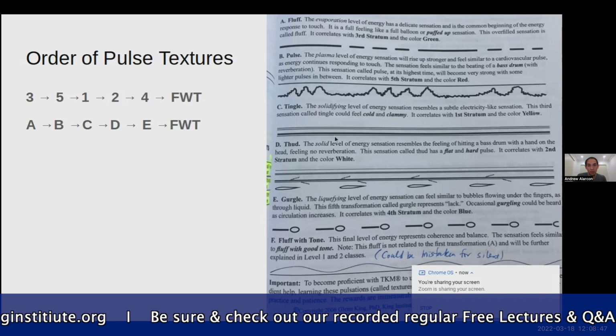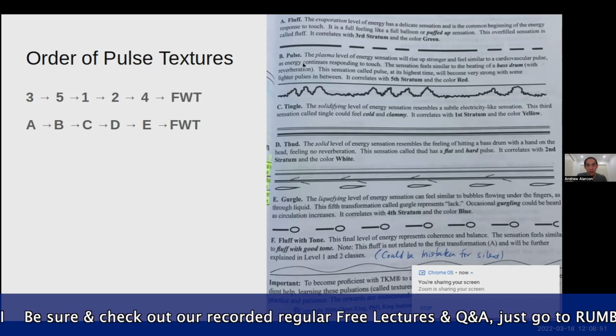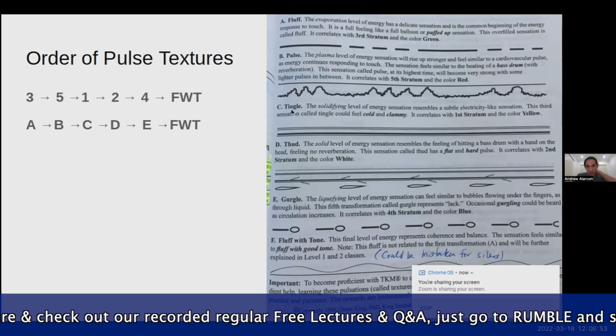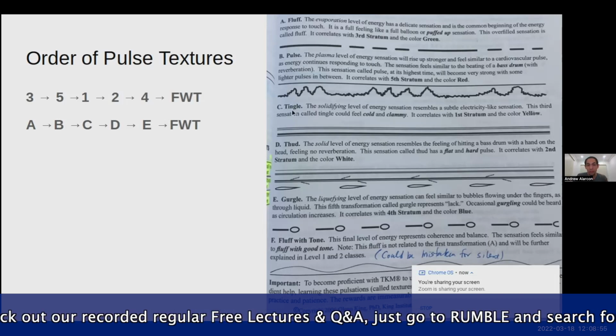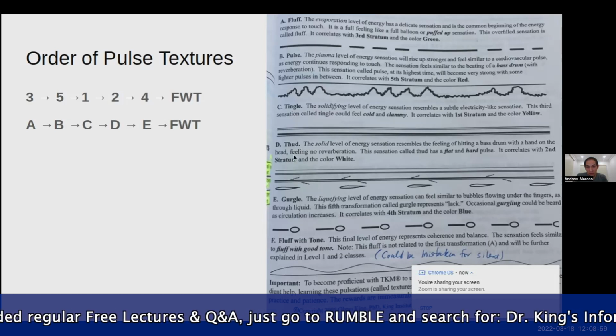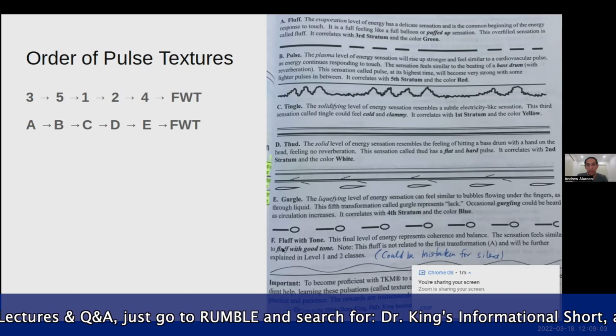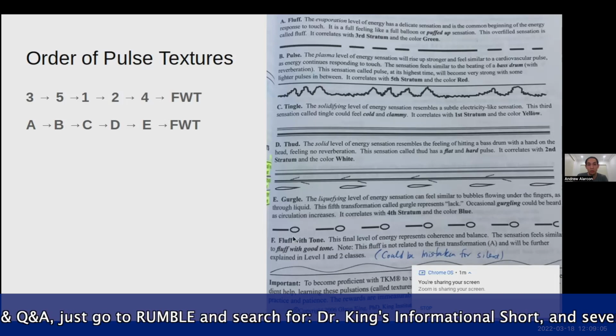And you have your pulse, letter B. That would be fifth stratum. Letter C would be your tingle. And letter D would be thud. Letter E would be gurgle. And finally, it all leads to fluff with tone.